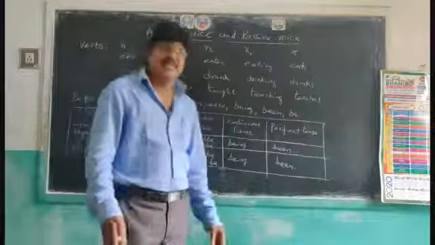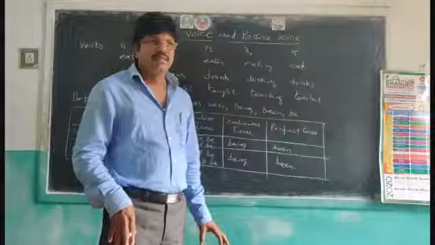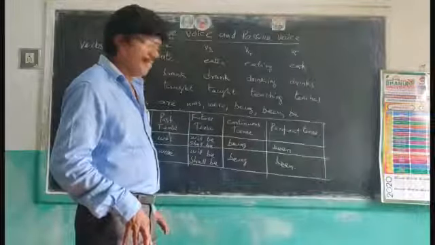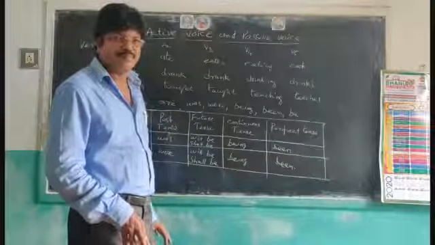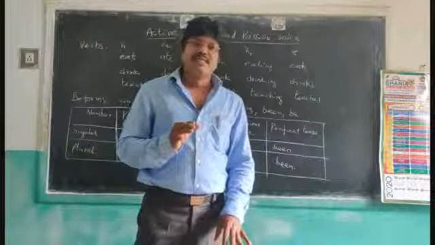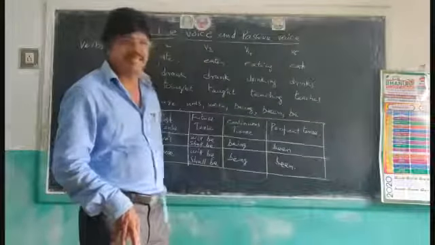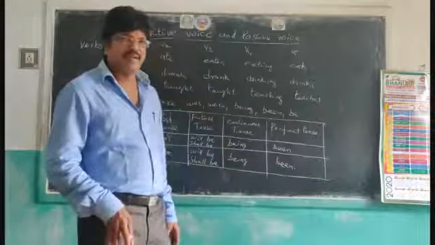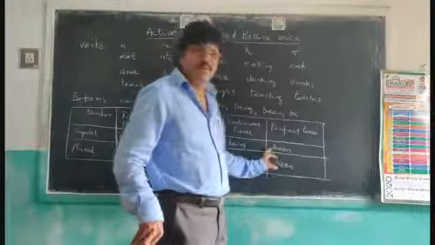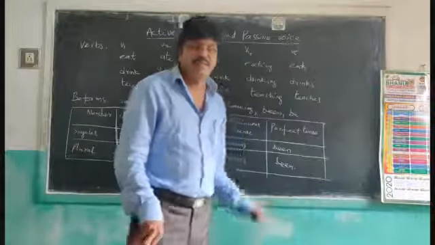In continuous tense, we use the be form being, B-E-I-N-G. Being is most important in continuous tense. To use it correctly, you must know the tense: what type of tense is the given sentence? Identification is most important. In perfect tense, we use the be form been, B-E-E-N. So copy down, children.